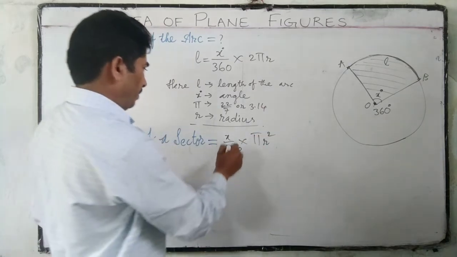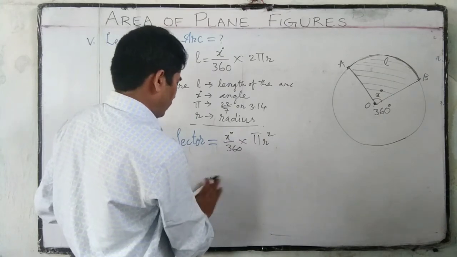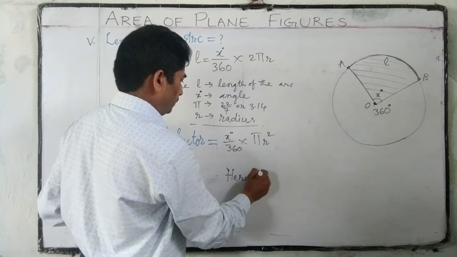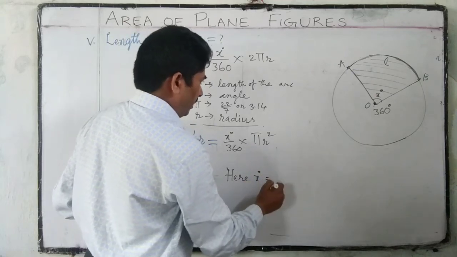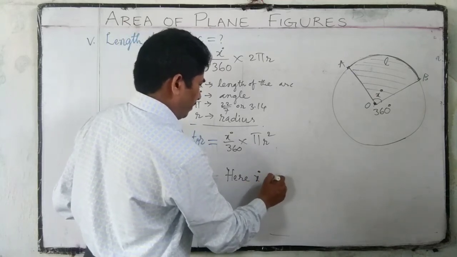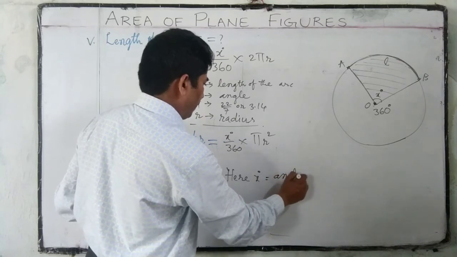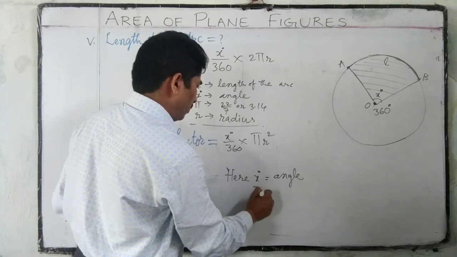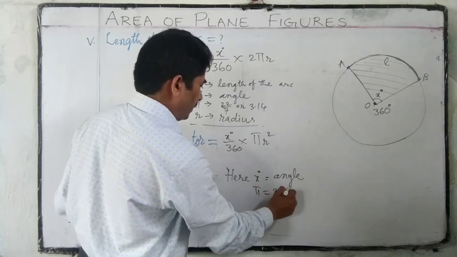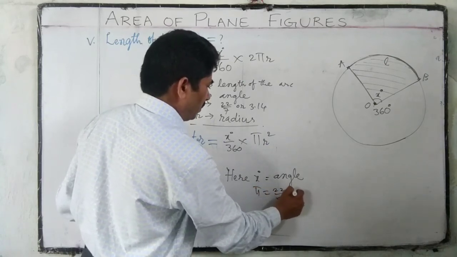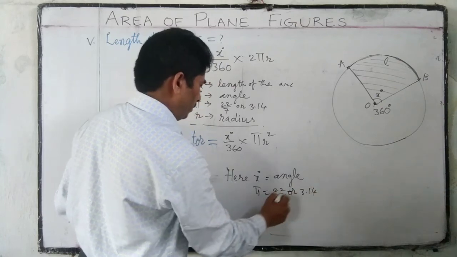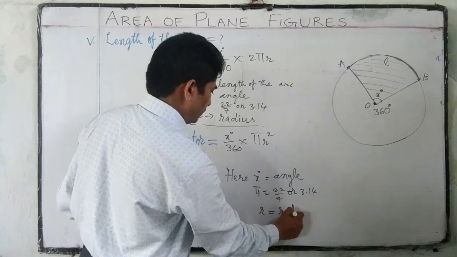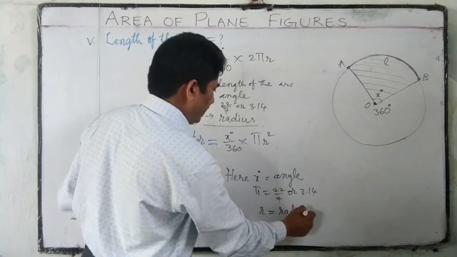So we know here x is the degree angle, pi is equal to 22/7 or 3.14, r is the radius of the circle.